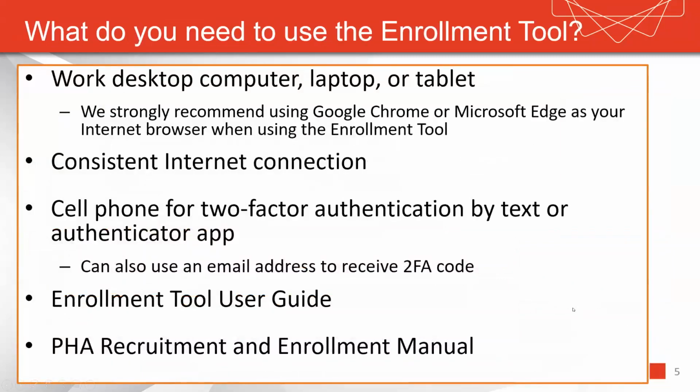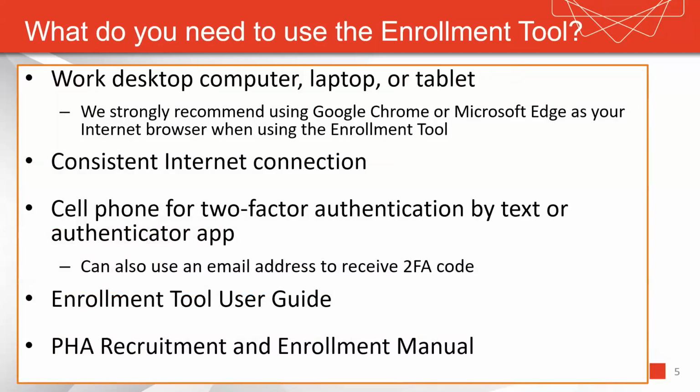And what you need to use the enrollment tool: you'll need some sort of work device, whether it be a desktop computer, a laptop, or maybe a tablet. Probably easier to do it on a desktop or laptop, but if your agency uses tablets or other things, that can work as well.